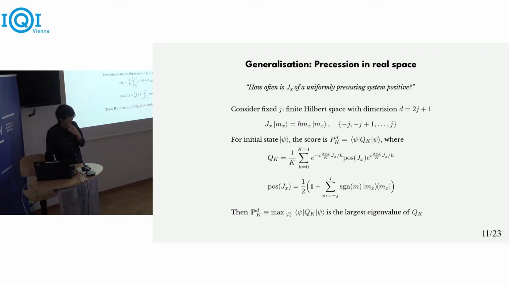So if I want to find the maximum quantum score, it's just the largest eigenvalue of this particular operator. 0 is half, and there is a long argument to be made, which I will gloss over, and we can discuss this later if you are interested.